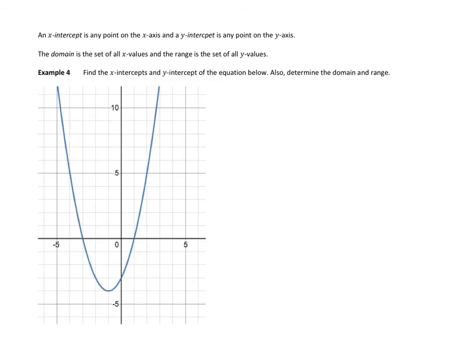A couple of definitions before we look at the last example here. Those are, to start with, an x-intercept and a y-intercept. Sometimes when you graph equations in the xy plane, the equation will equal the x-axis and possibly also the y-axis. So let's try to identify those places if they exist on the graph in example 4.